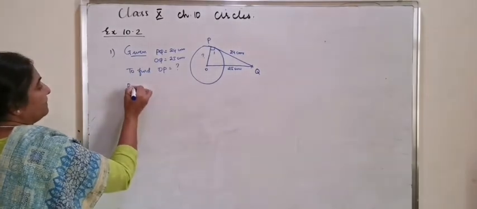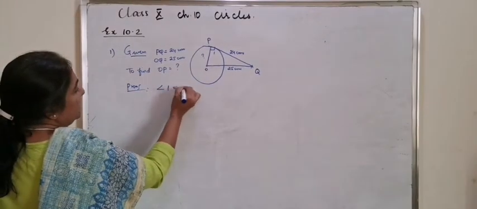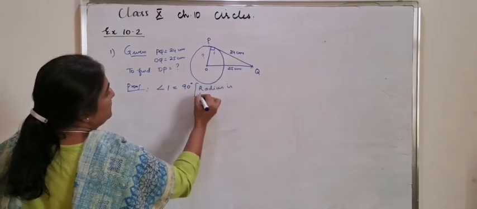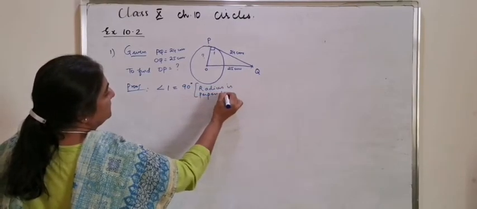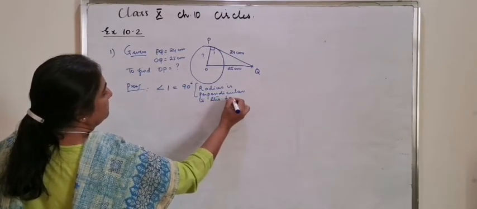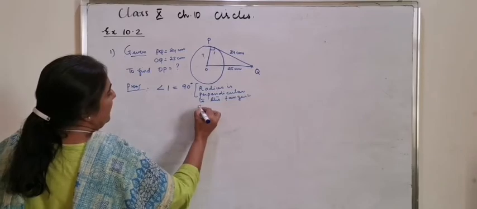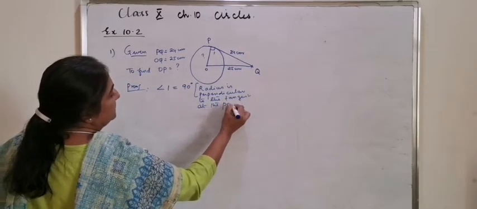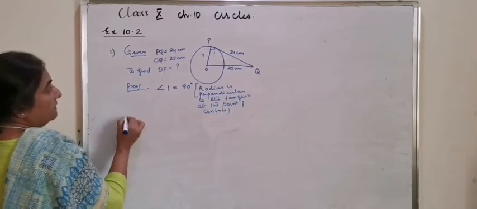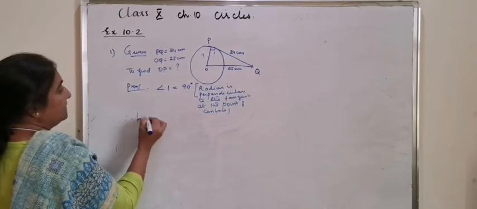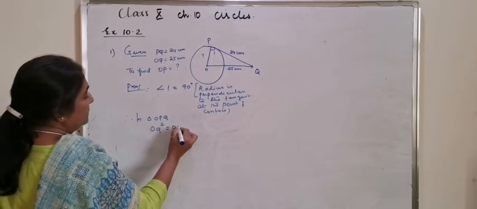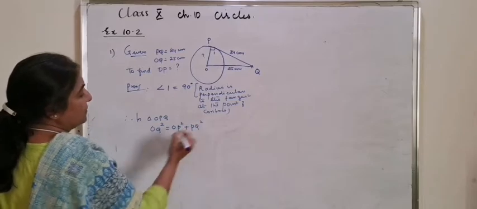So, proof: angle 1 is equal to 90 degrees, as the radius is perpendicular to the tangent at the point of contact. Therefore, in triangle OPQ, OQ square is equal to OP square plus PQ square.